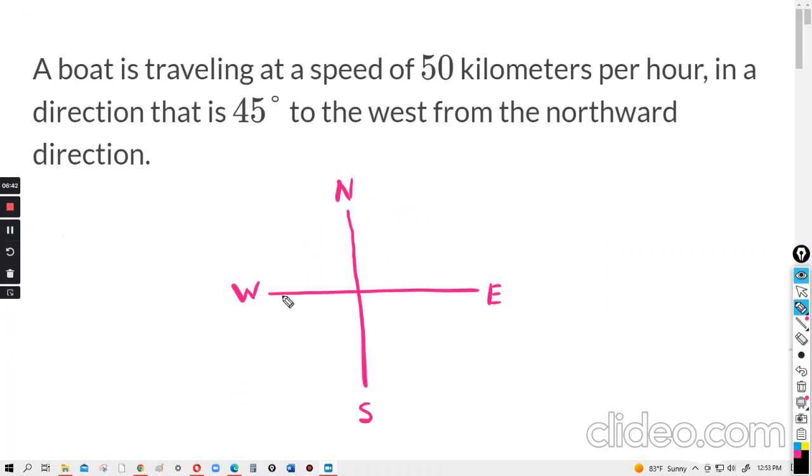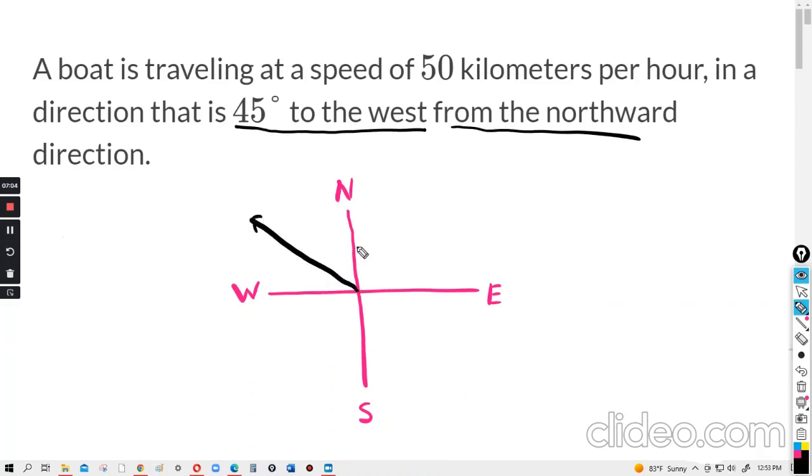Here's the graph with the directions labeled. They say the vector is 45 degrees to the west from the north. So you start from the north and you head 45 degrees to the west. That would basically look like this.